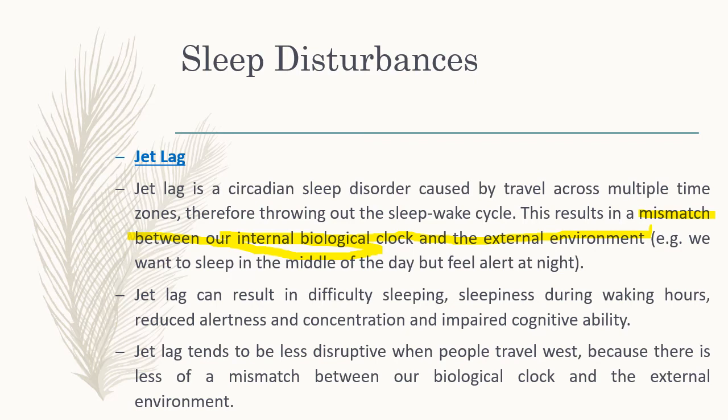Jet lag tends to be less disruptive when people travel west. And the key words that they like to use with that one is traveling west is best. And this is because you're following the path of the sun. And there's less of a mismatch between our biological clock and the external environment.